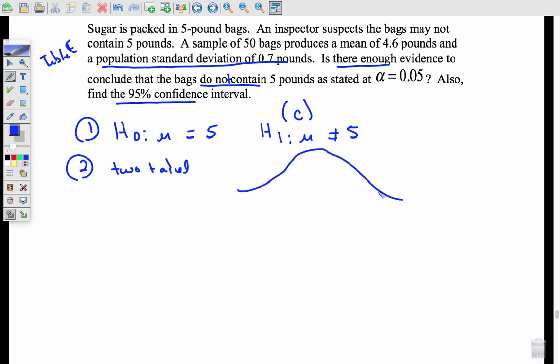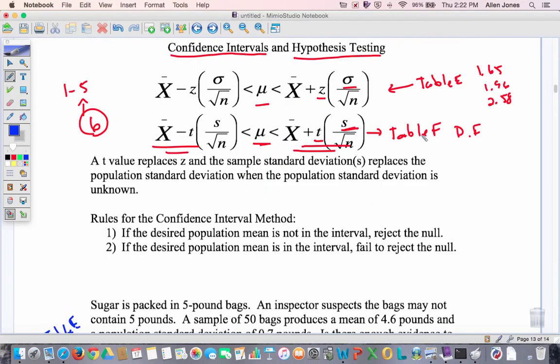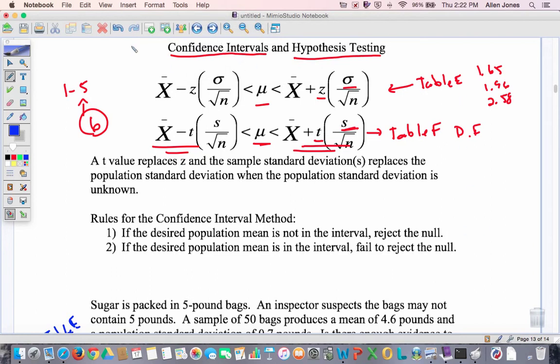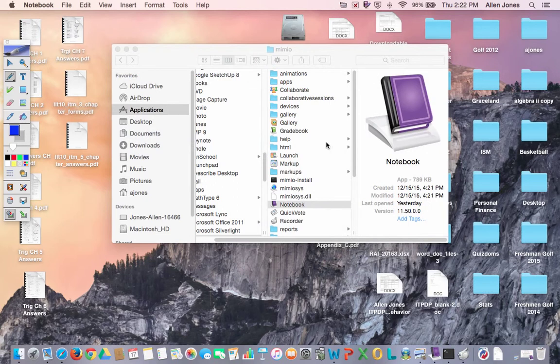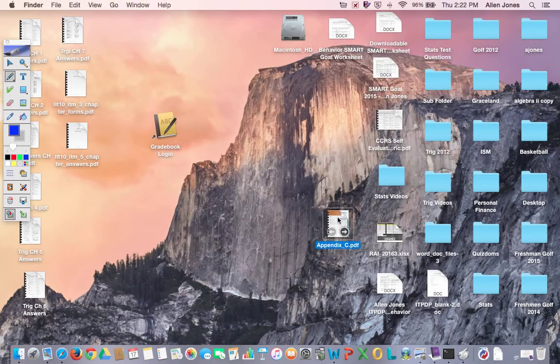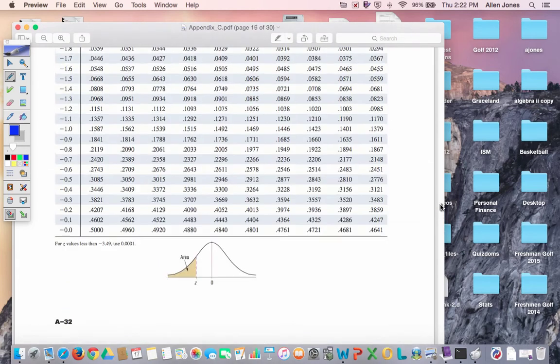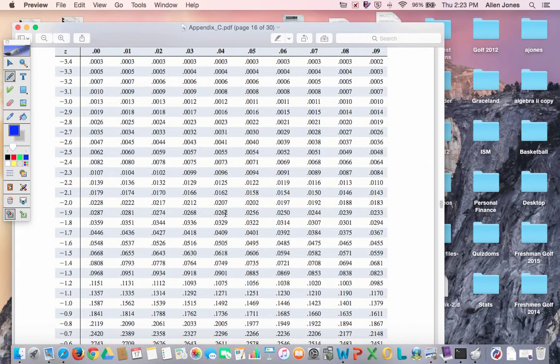So on our curve, we have a shaded area on both sides. I'm going to use a traditional method. So when we go to 0.05, we have 0.025 in each tail. We'll go to Table E. In Table E we'll find 0.025, and 0.025 is an exact number this time.